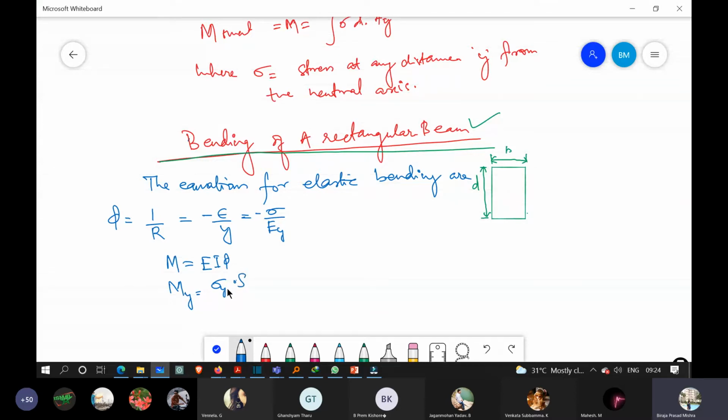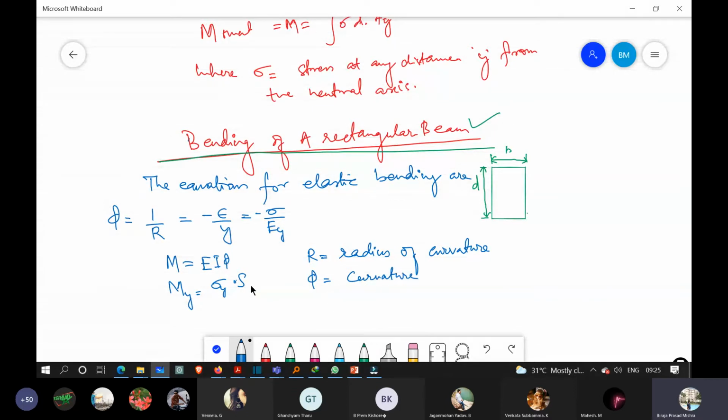Now you may ask, sir, what is all this? So this is the moment, this is the yielding moment. Now what is this r? So r equals the radius of curvature. Just remember these equations, that's it. And what is phi? Phi is the curvature.